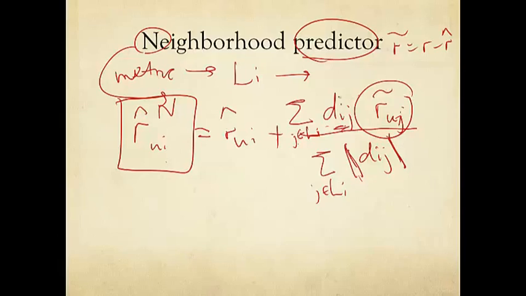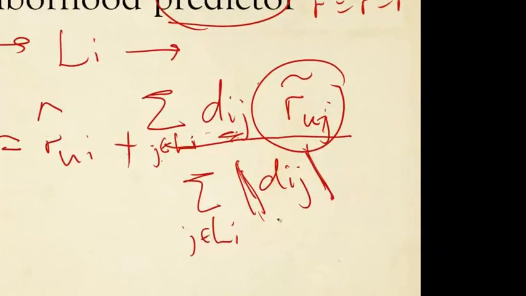But in the numerator, if we add the absolute value, then we get confused whether J is very similar to I or very dissimilar to I. That's why, when we calculate the influence by neighborhood movies J, we use the actual Dij, which could be positive or negative. But when we normalize by their size, we have to use the absolute value of Dij.